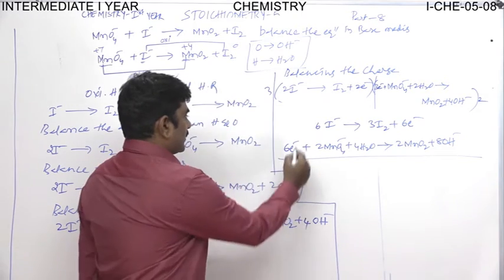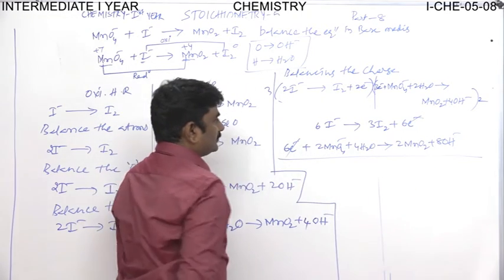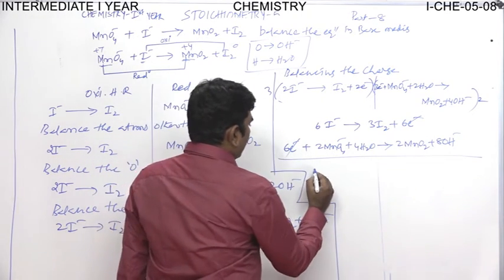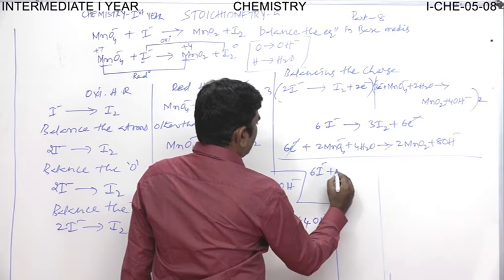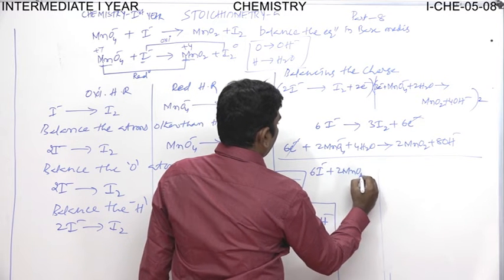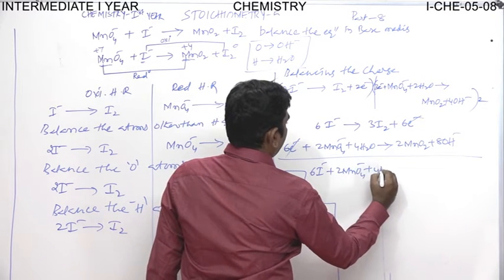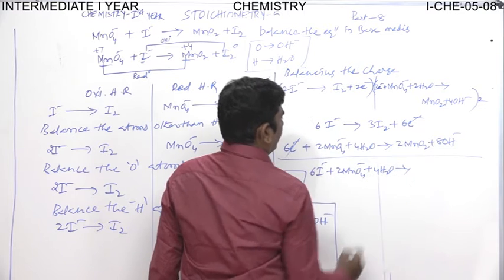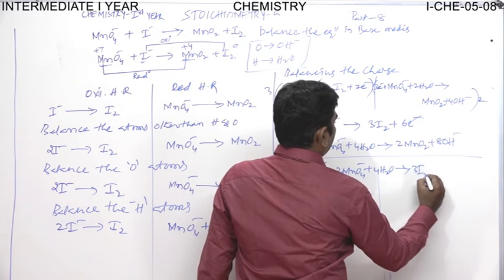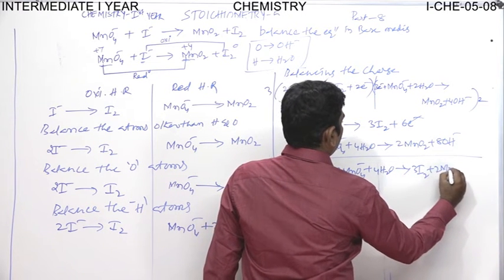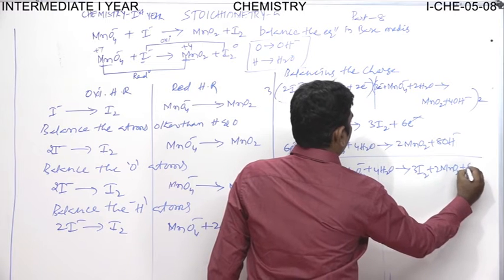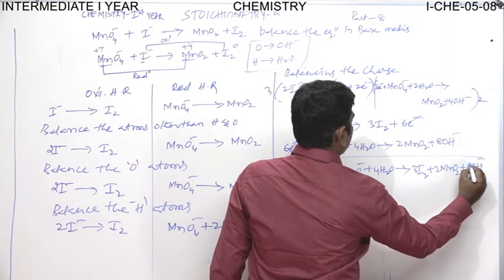Next, 6 electrons get cancelled. Okay, what is the remaining equation? 6I minus plus 2 MnO4 minus plus 4 H2O will give 3I2, 2 MnO2, 8 OH minus.